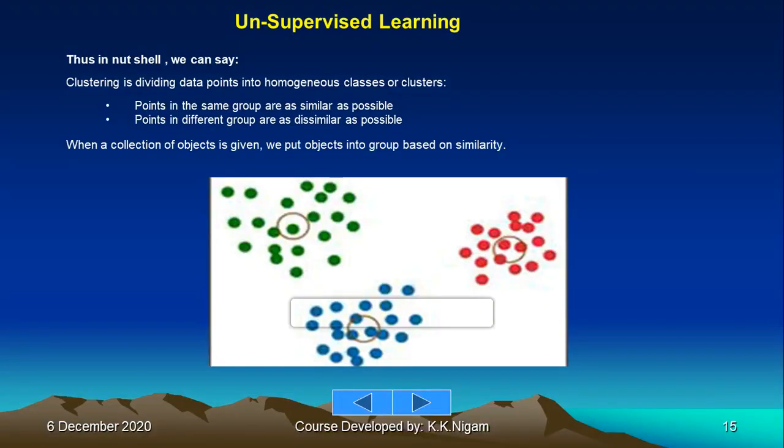Thus, in a nutshell, clustering divides data points into homogeneous classes or clusters. Points in the same group are as similar as possible. Points in different groups are as dissimilar as possible. When a collection of objects is given, we put objects in groups based on similarity.